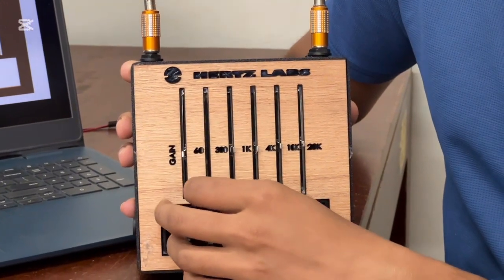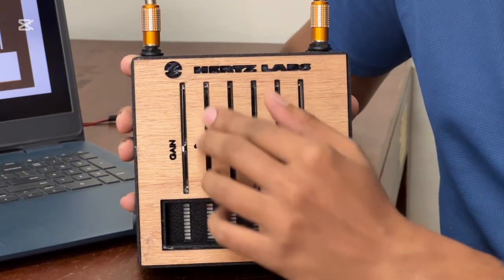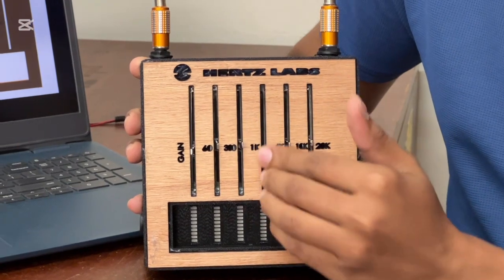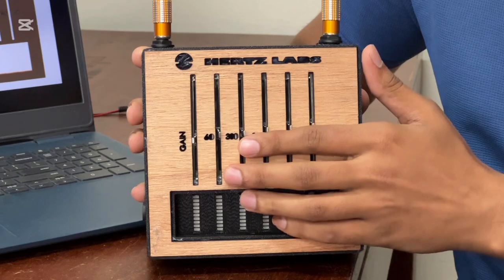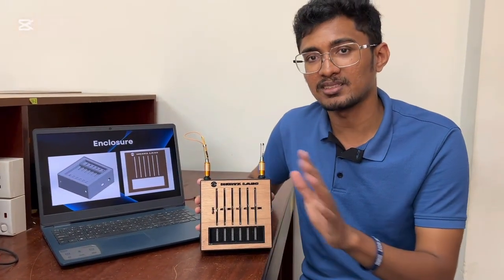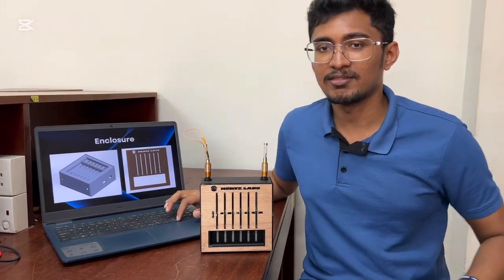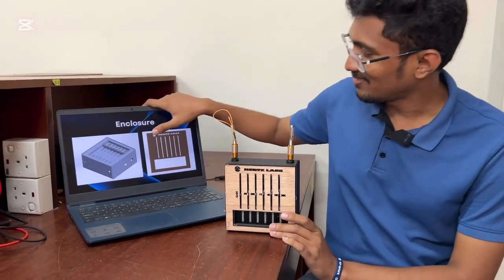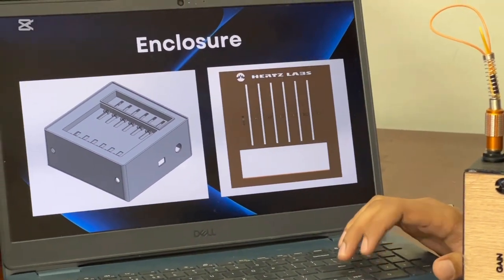Individual band responses can then be adjusted as we intend to, and yes, it works perfectly, and there's good selectivity in each of these bands. We will see that in a few minutes. We also have our logo printed here.